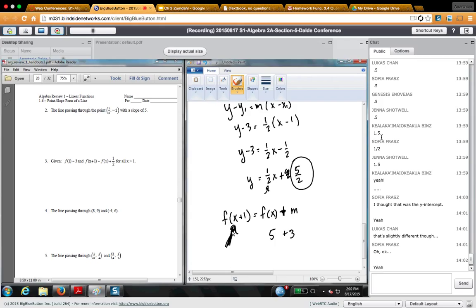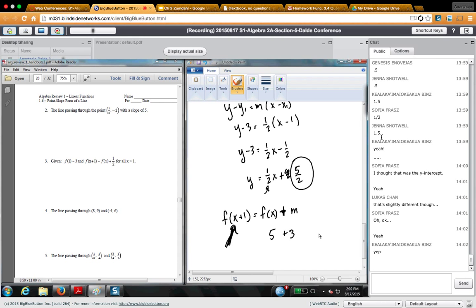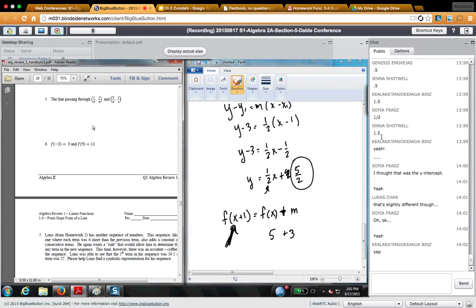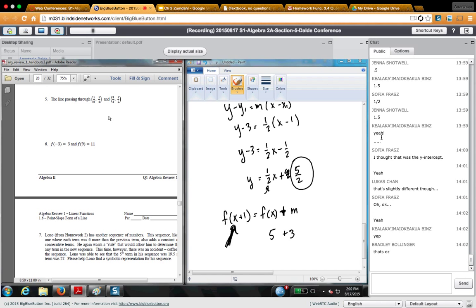All right. So, let's see. This one looks hard. It's not hard. It's just giving you 2 points, and it's asking you to find the equation. Let's talk about it. What do I do first? If I have the 2 points, what do I have to do first?